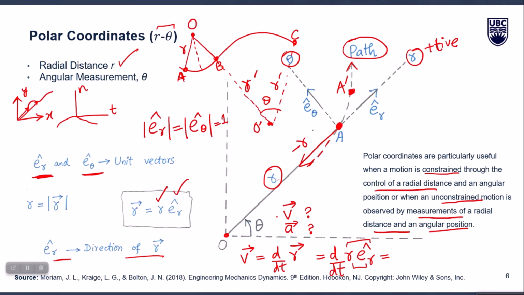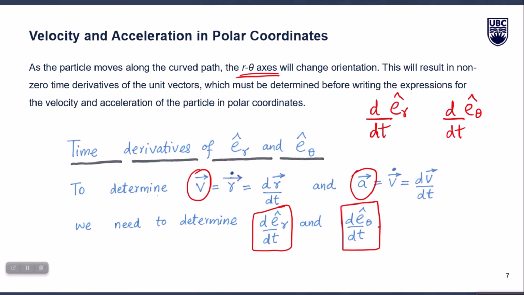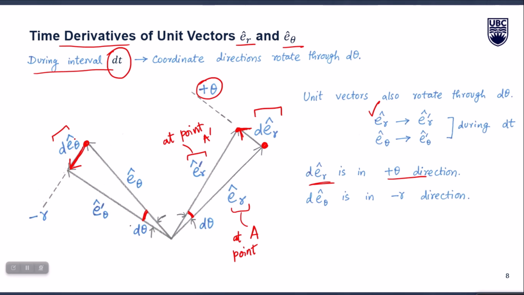You can see here that the change in E sub theta, which is denoted by this vector dE sub theta, is in the minus r direction. The r direction is this direction, this is r, this is also r, but the change is in the minus r direction. So now let's take this information and write the first derivatives of E sub r and E sub theta.